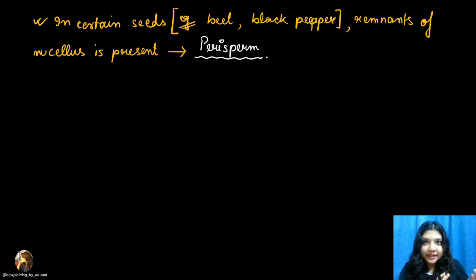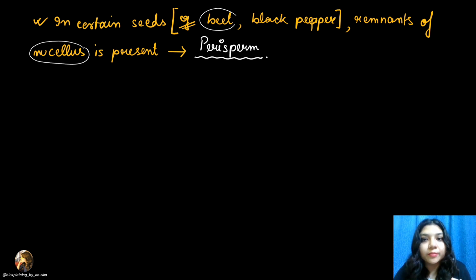We have seen that the endosperm will be retained in some seeds and completely used up in others. But for the nucellus also, some part might be retained in certain seeds, like beet and black pepper. That is known as the perisperm. So the remnant of the nucellus is known as the perisperm.